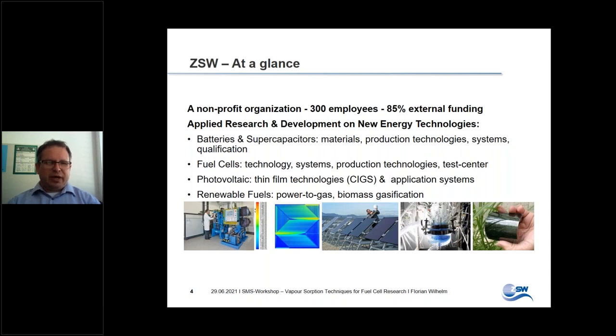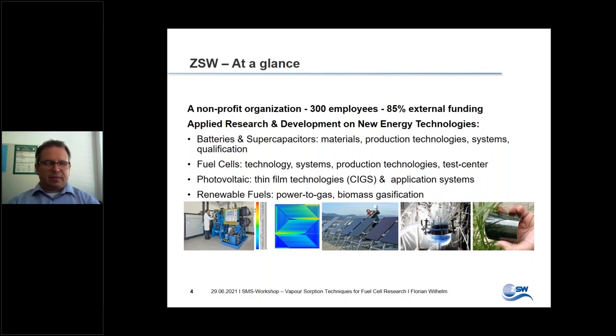We're working on applied research and development on new energy technologies, and that's specifically batteries and supercapacitors, where we're working on materials, production technologies, and systems qualification. That's fuel cells, as you will hear today. There we're working on technology, systems, and production technologies. We're operating a test center. We're developing stacks.